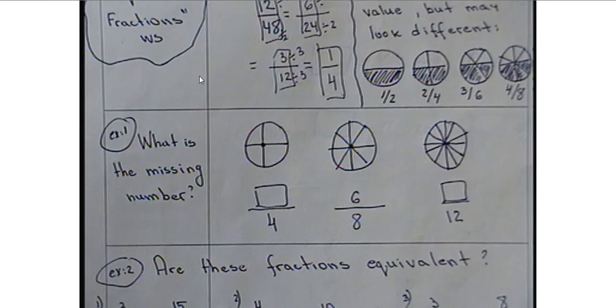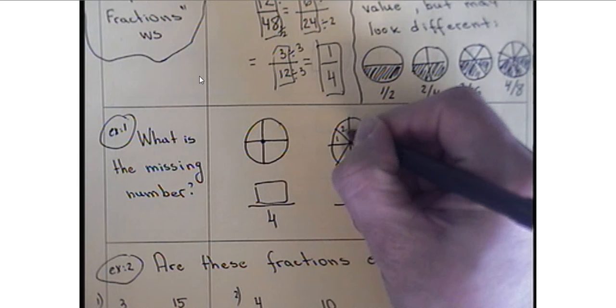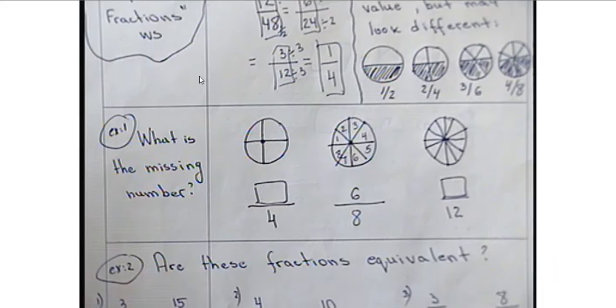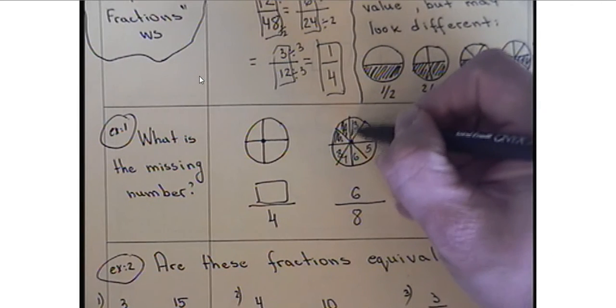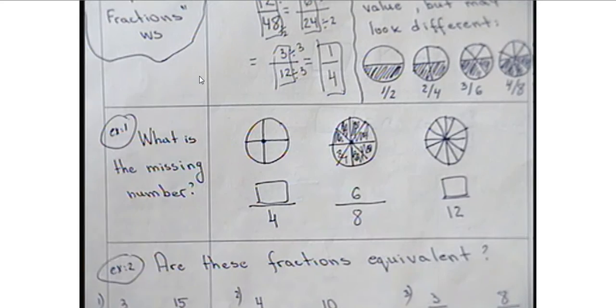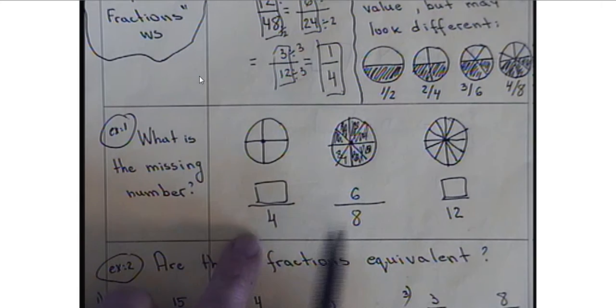So if this is 6/8, 6/8 means we have 1, 2, 3, 4, 5, 6, 7, 8 total, and 6 of those are marked. Okay, so 1, 2, 3, 4, 5, 6 are marked. So what will be the missing number here? If I want to go from here to here, what do I do with those numbers?